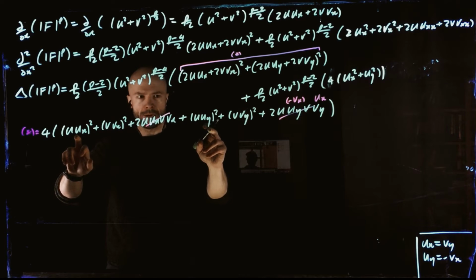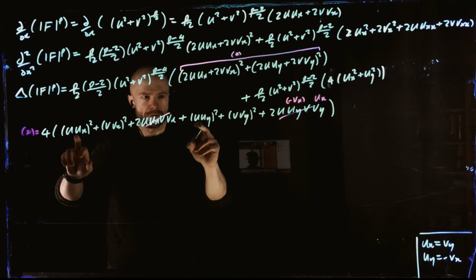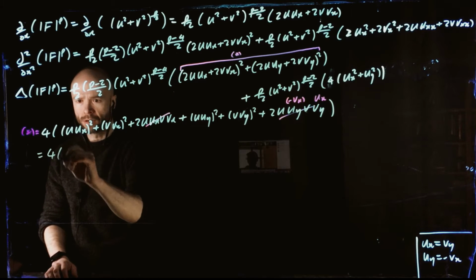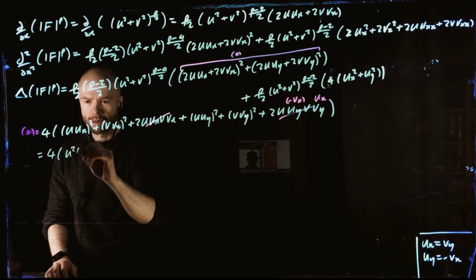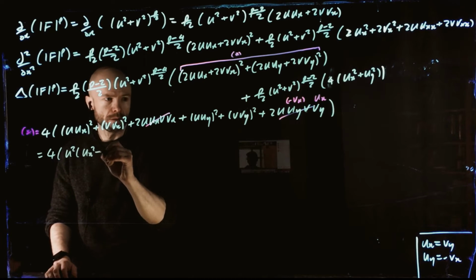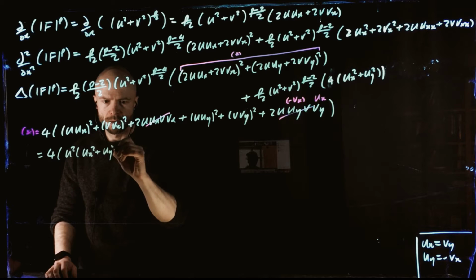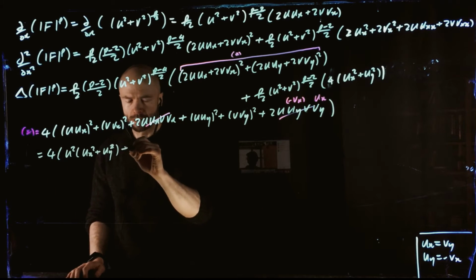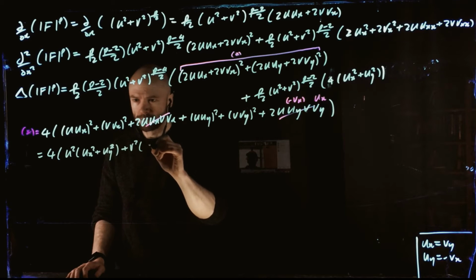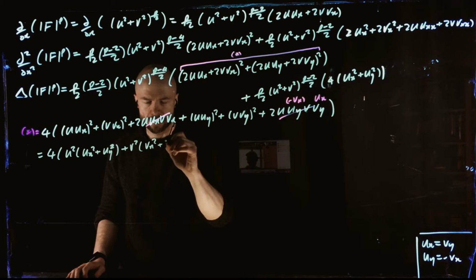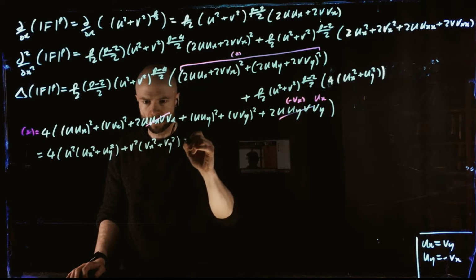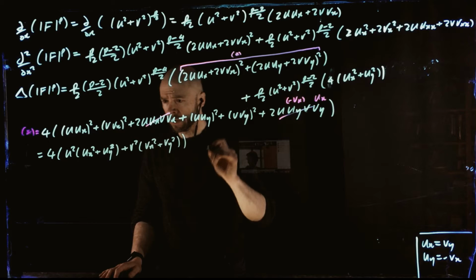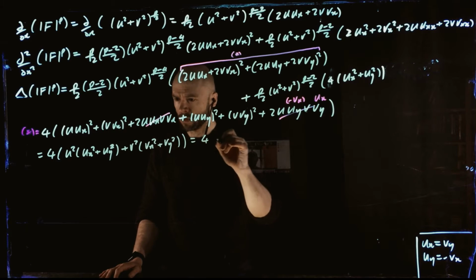And let us pull out the u squared from this thing, and we're going to have 4 of u squared, then u of x squared plus u of y squared, like this. And let's pull out the v squared, and we're going to have v of x squared plus v of y squared, right? But now again, we're going to use the Cauchy-Riemann equations to turn this into stuff about u.